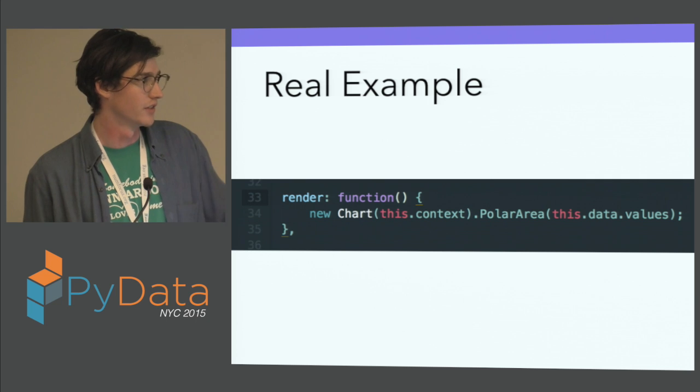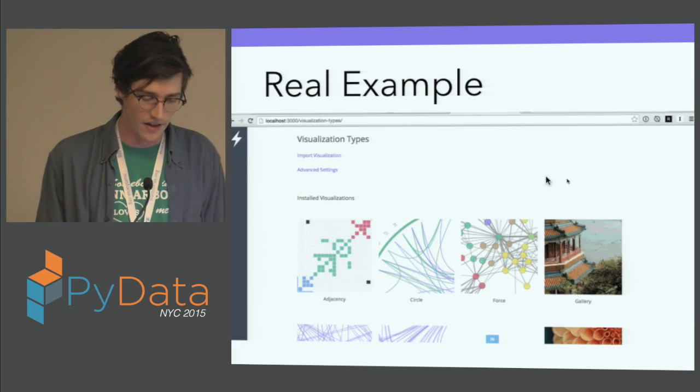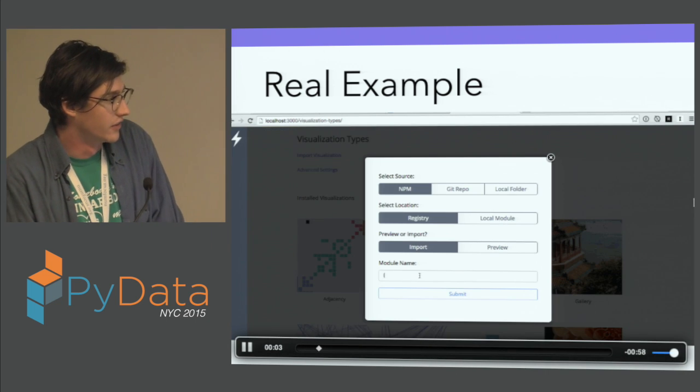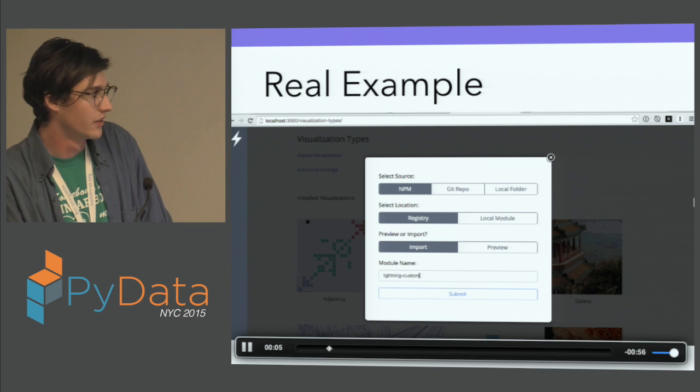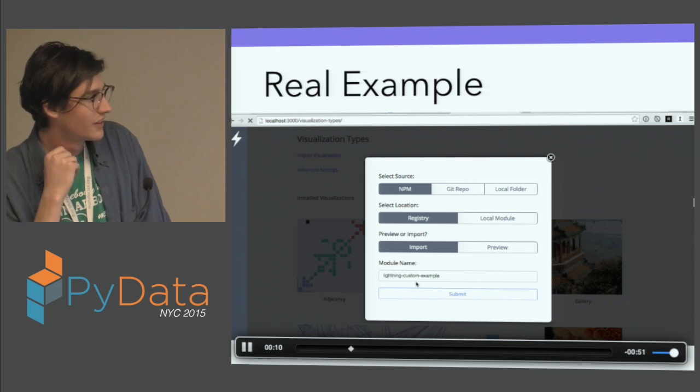It needs to be initialized with this chart library JavaScript, and then you can just go to this screen on your server and type in the module name. I just called it, I think, lightning-custom-example for this one, just because it was a test.